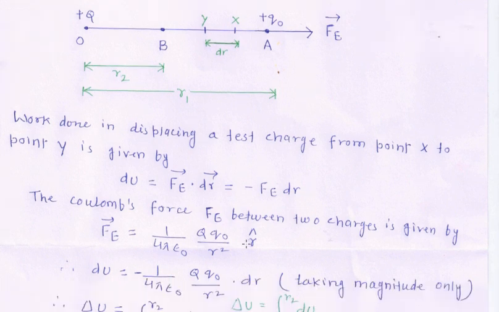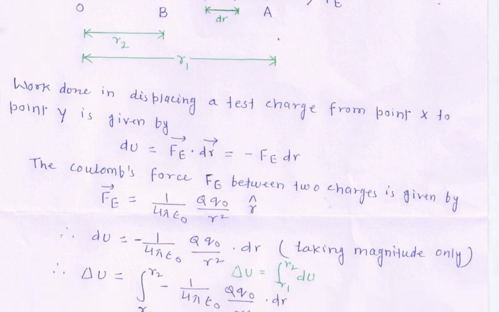In vector form, you have to multiply by the unit vector R cap, where R cap is the unit vector in the direction of R. So the above equation becomes dU equals minus 1 upon 4 pi epsilon 0 Q Q0 upon R square into dr. We are considering magnitude only. This is the work done in shifting a test charge through a very small distance dr.